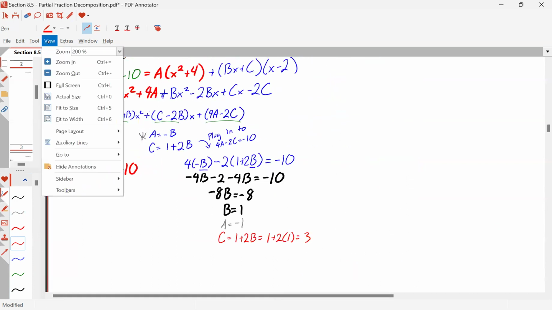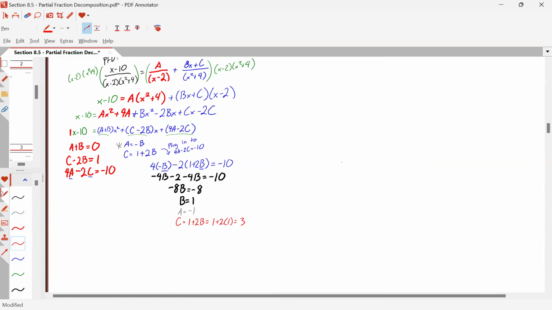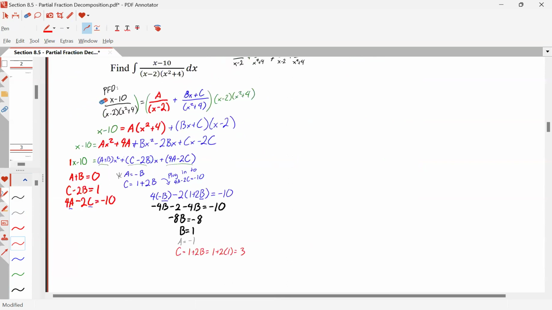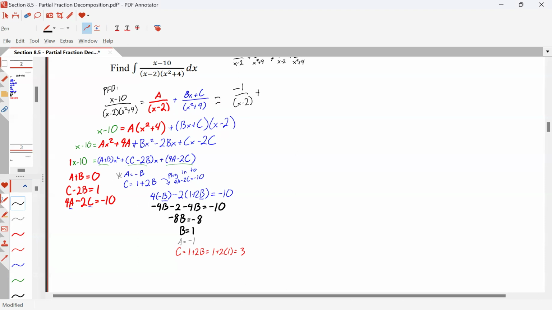Zooming out, that means for the partial fraction decomposition we started with, getting rid of our multiplication that happened, these fractions are really a, which is negative 1 over x minus 2, plus b is 1, so 1 times x is x, and c is 3.